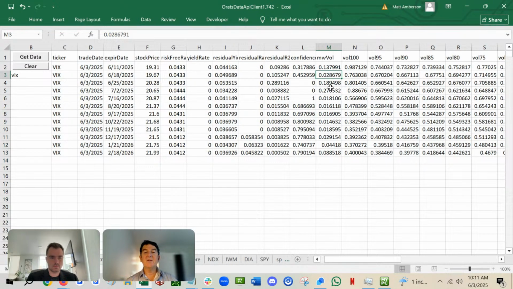So that's a little wide for me, and so the confidence is a really important number to think about because when you're trading, you want to know about these volatilities. There's a lot that you can use this confidence number for.